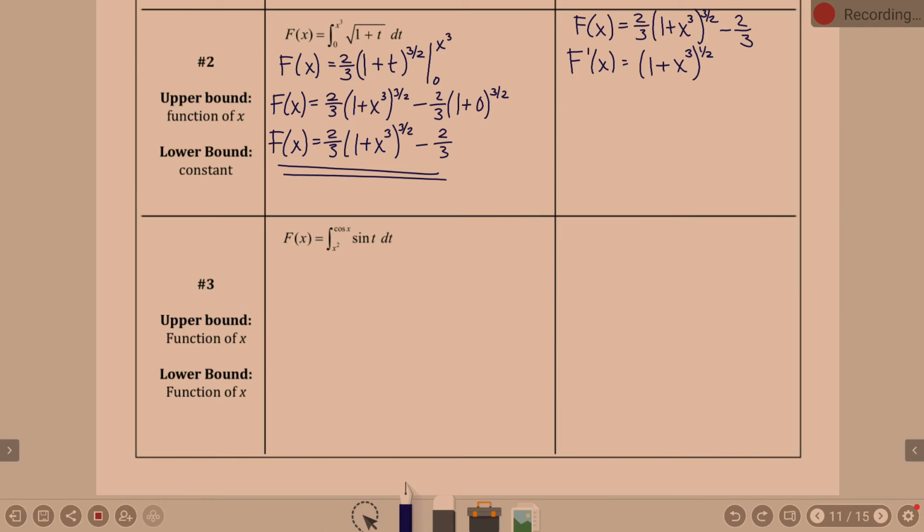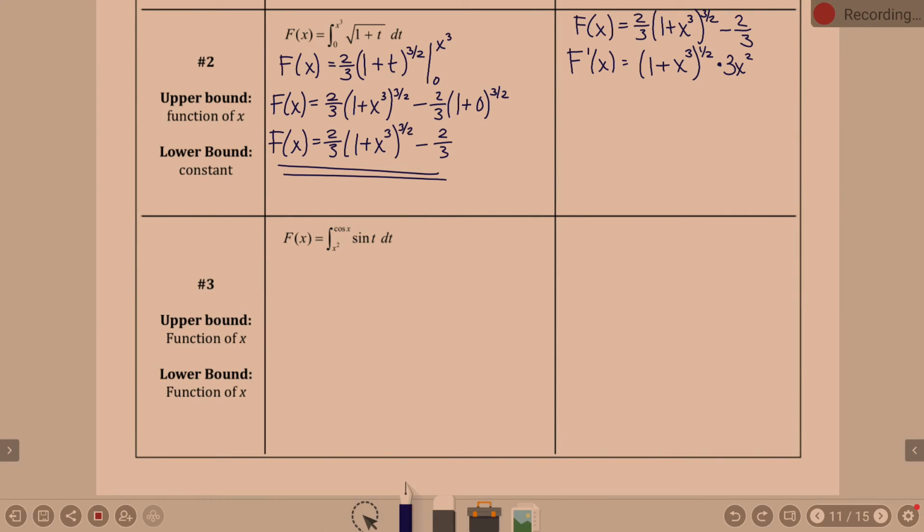And then what's the catch here before I move on? The inside of it? Then times the derivative of the inside. What's the derivative of 1 plus x cubed? 3x squared, because the derivative of 1 is 0 and the derivative of x cubed is 3x squared. And then officially there's minus the derivative of 2/3. What's the derivative of 2/3?